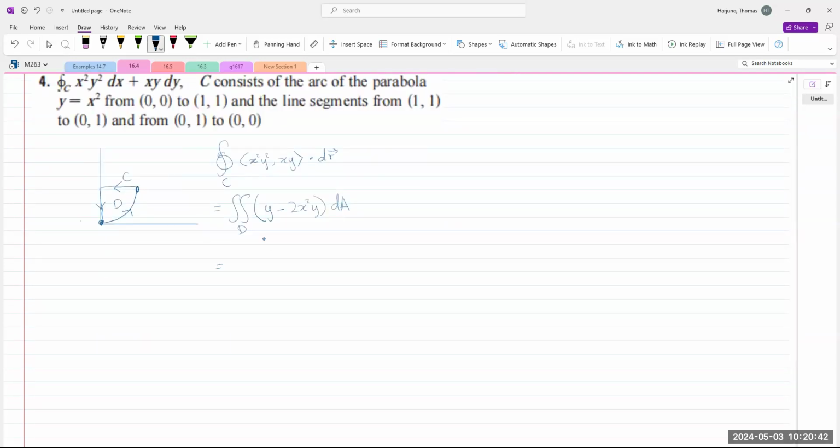I think I will integrate from 0 to 1 and then dy dx. So this is from 0 to square root of y of 1 minus 2x squared y.